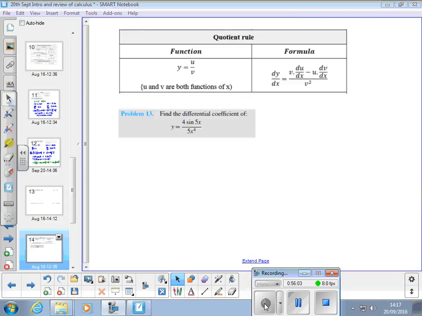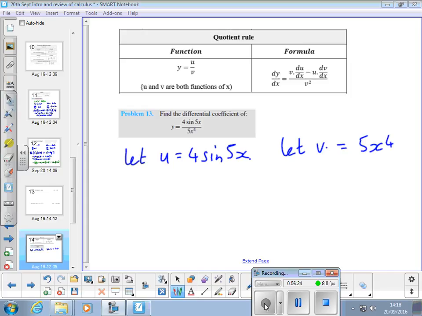And so for the quotient rule, for this example, we would say let u equal 4 sine 5x, and over this side let v equal 5x to the 4. And then we differentiate this one. How do we do that, guys? Differentiate 4 sine 5x. du by dx is equal to, Dan?